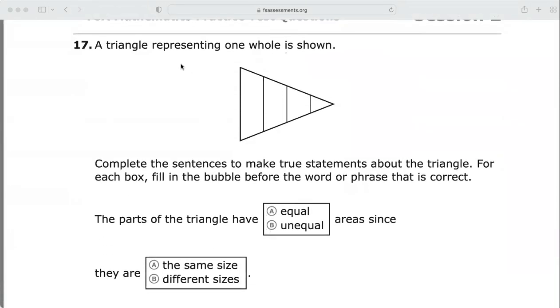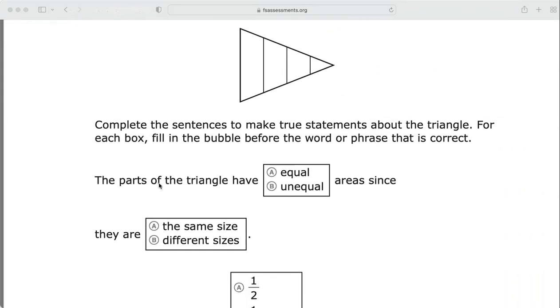Okay, a triangle is represented here, and it's cut up into sections. And the first part says the parts of the triangle have equal or unequal areas. So if we're looking at this portion, it is the biggest down here.